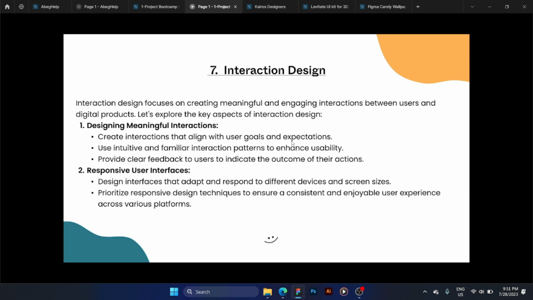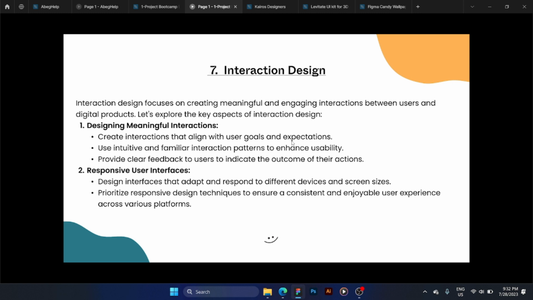Another thing we look at is using intuitive and familiar interaction patterns to enhance usability. Whatever element we use in our design, it must be usable. It's not something that is going to be vague or abstract. You must do something that the user can actually relate with.